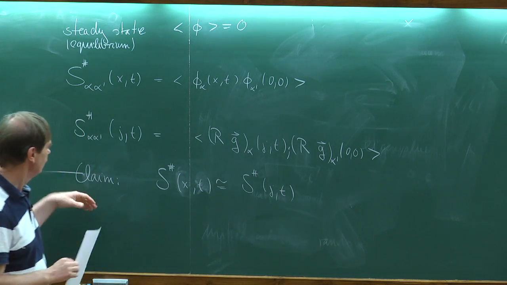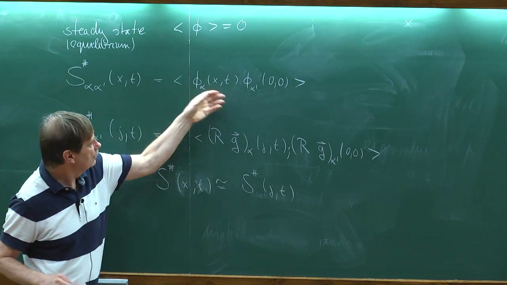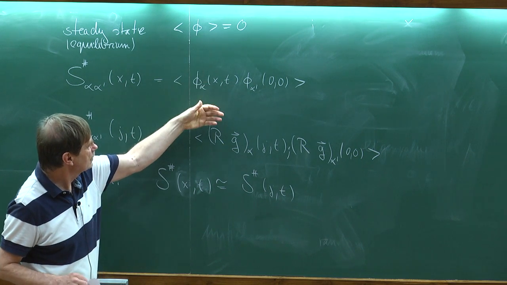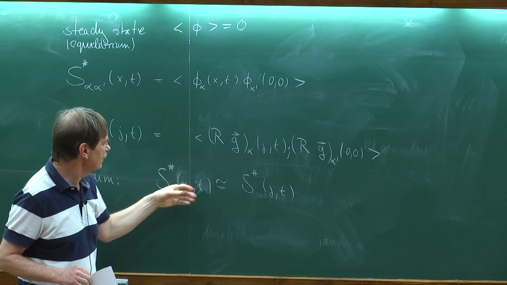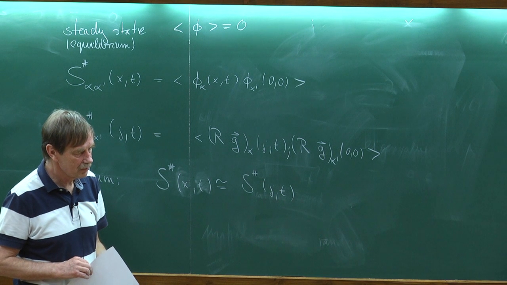This is what is in the back of my mind: if I would be able to compute this correlator, presumably not an exact solution, but approximately for large X and T, then I could see directly what's happening in the microscopic system.